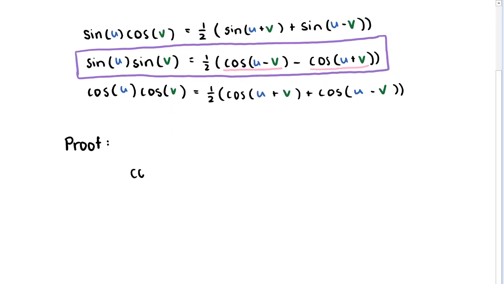Remember that cosine of the sum of two angles, let's say u and v, is equal to cosine of u times cosine of v, take away sine of u times sine of v.